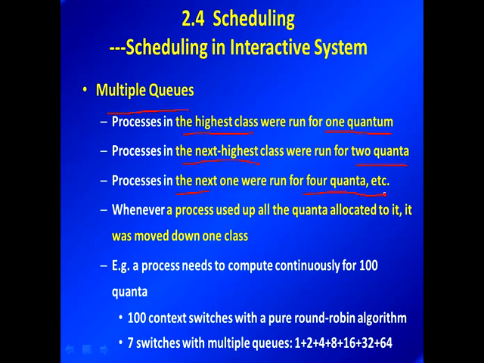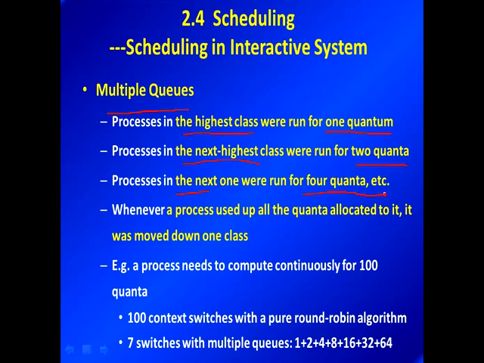Every time when it needs to run for a while, it will be put in the highest class first, and when the time assigned to this process is used up, then the process will be put onto the queue into the next highest class.